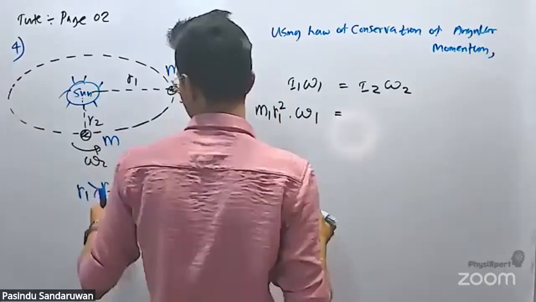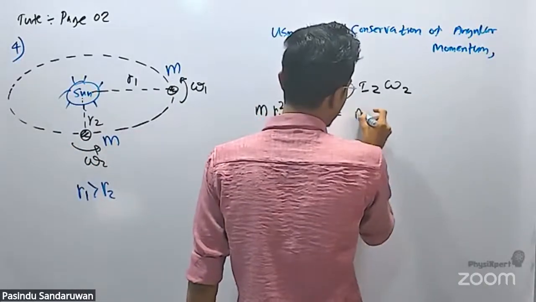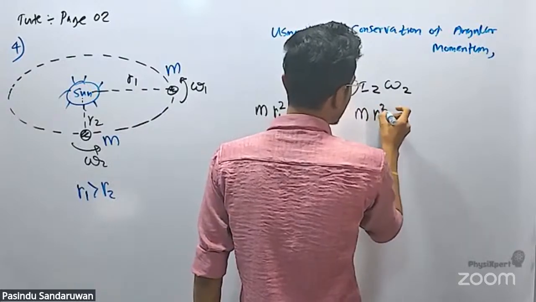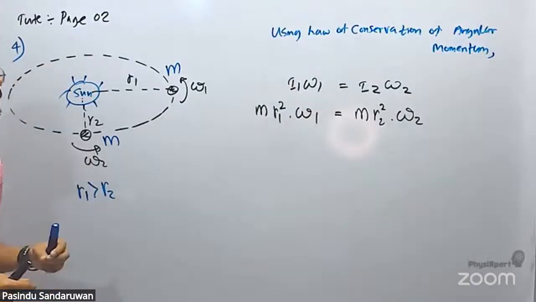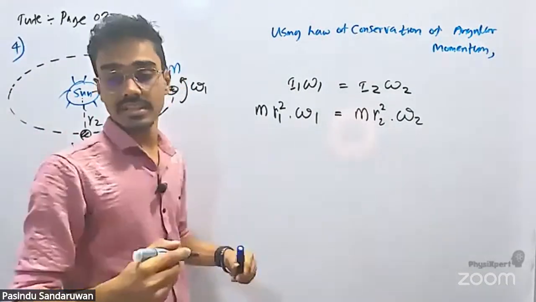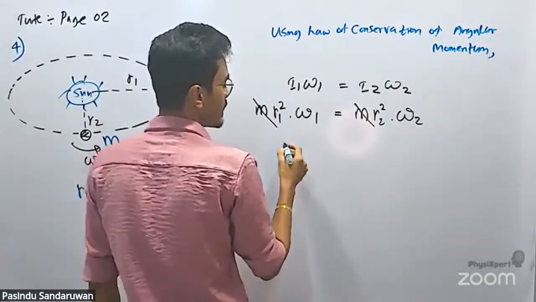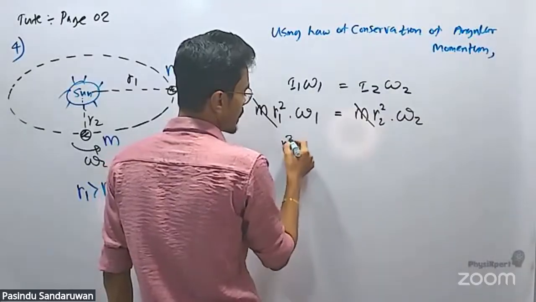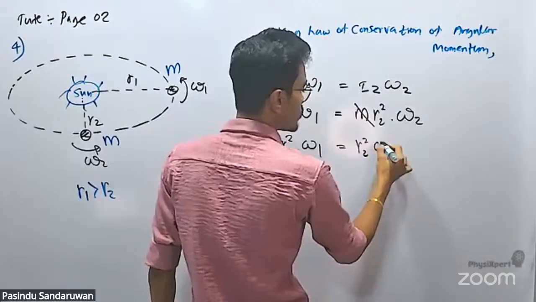I2 is the same m r2 squared omega 2. Even though it revolves, mass remains unchanged. Then m cancels with m. Now we have R1 squared omega 1 equals R2 squared omega 2.